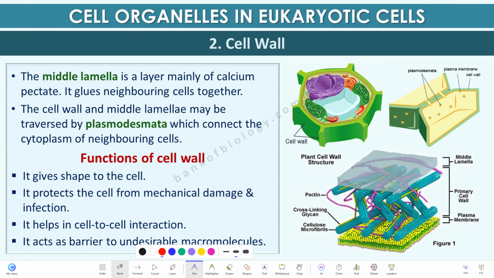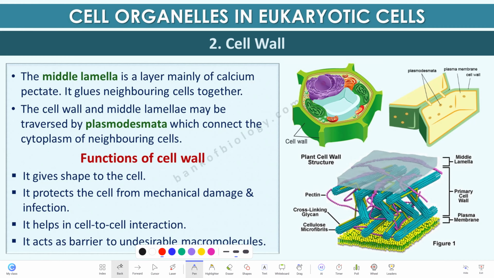What's the function of the cell wall in bacteria? Same function, it gives shape. Name the shapes of bacteria. Bacillus, what shape? Rod. Another shape. Round. Another one. Spiral. Can you try one more?